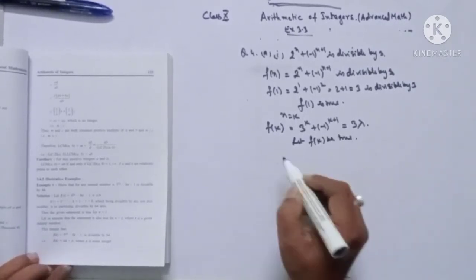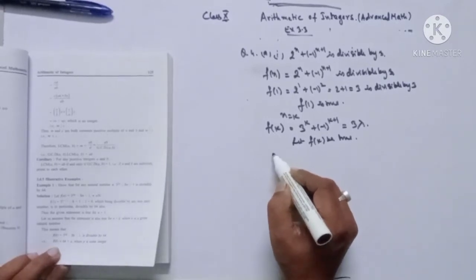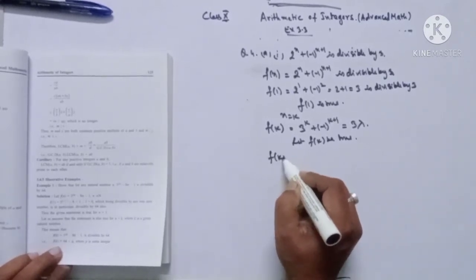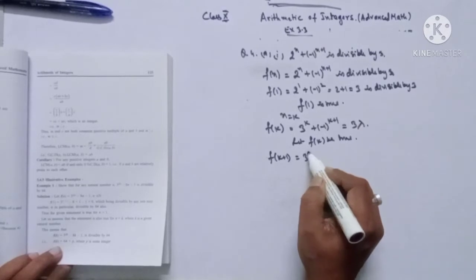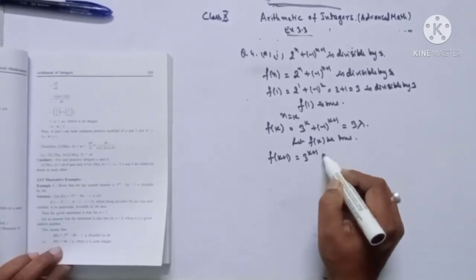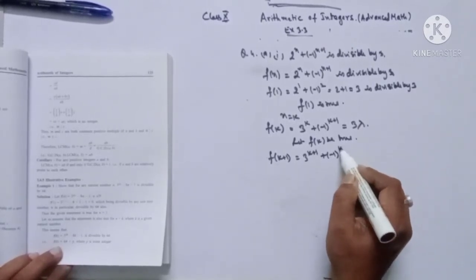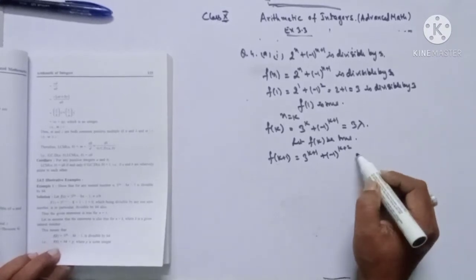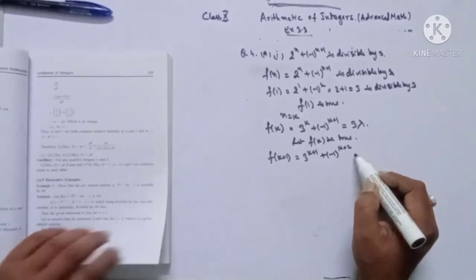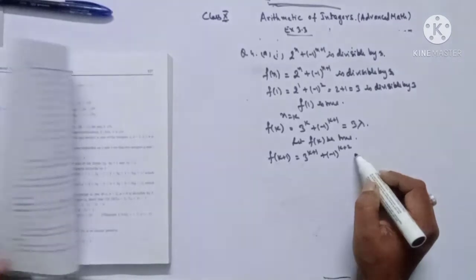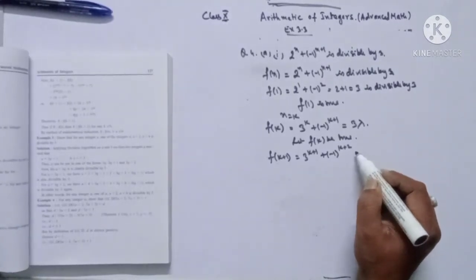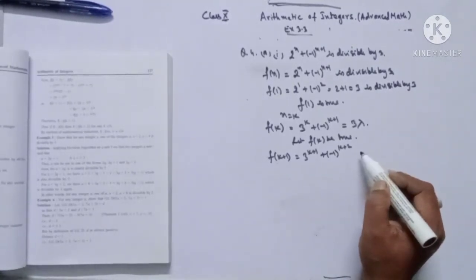So I am going to Fk plus 1. So this is 2 to the power of k plus 1 plus minus 1 to the power of k plus 2, and we have to prove that this is divisible by 3.